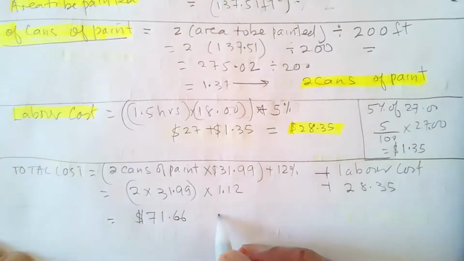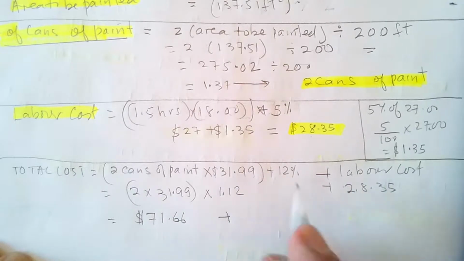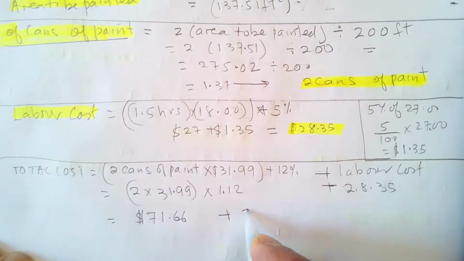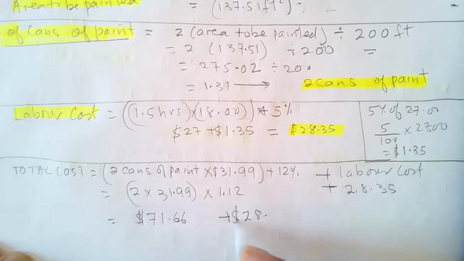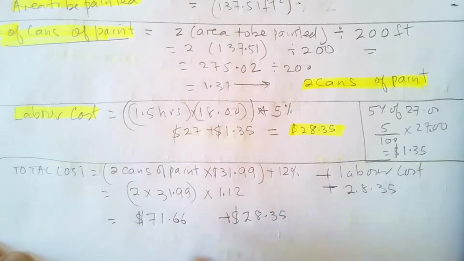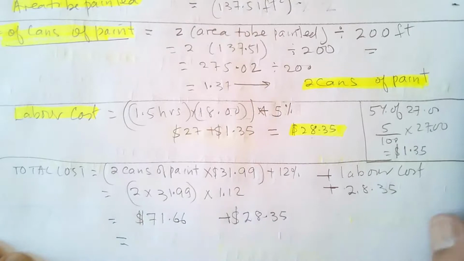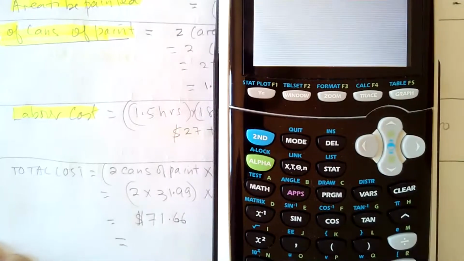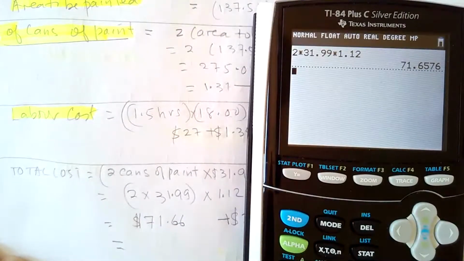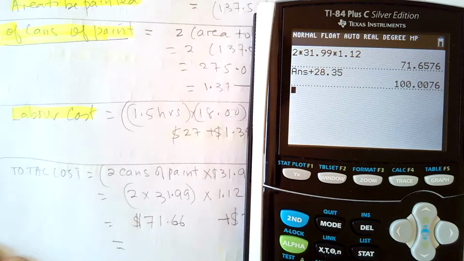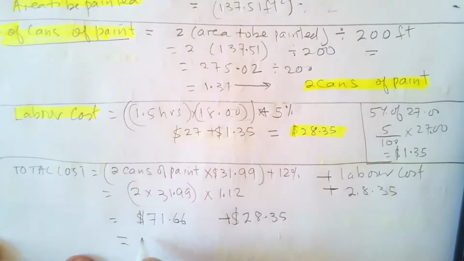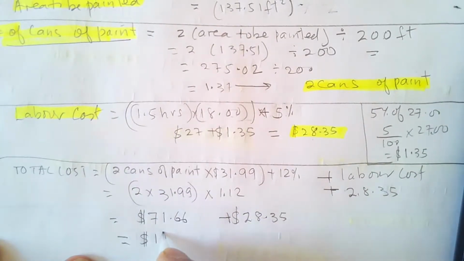Now plus your labor costs, which is way over here, but I'll make it nice and compact. We're going to add $28.35. That's $100, and maybe 1 cent we can round up, so maybe $100 and 1 cent.